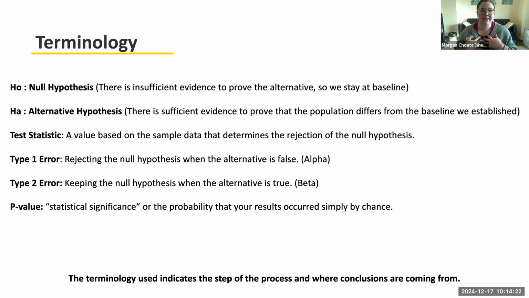So it's the probability that something is happening just by happenstance, by an error in your sample, by the wind blowing the wrong way, like it just happened. And so the smaller that is, the less likely something is just happening by chance, and the more likely it's statistically significant. It's something that's happening with evidence that you can prove is occurring.